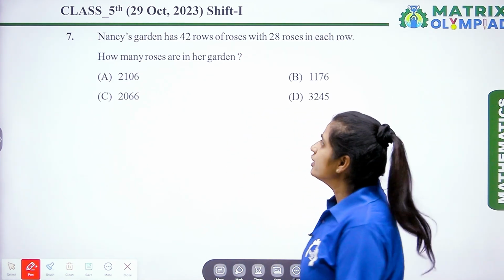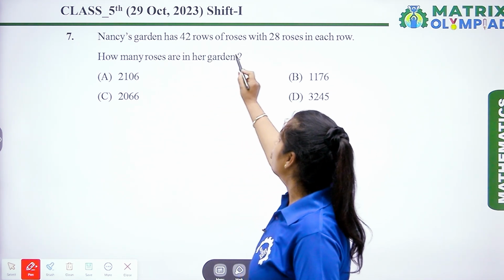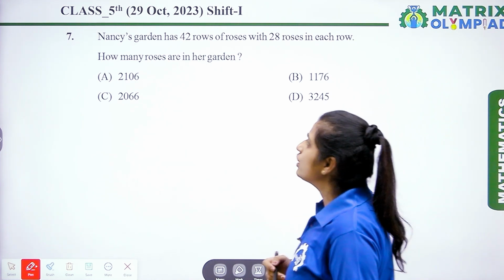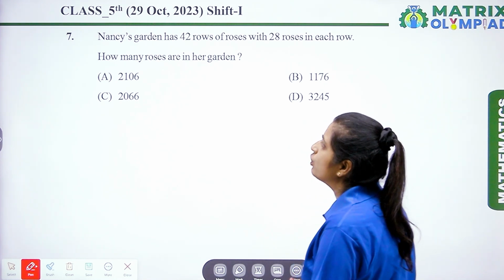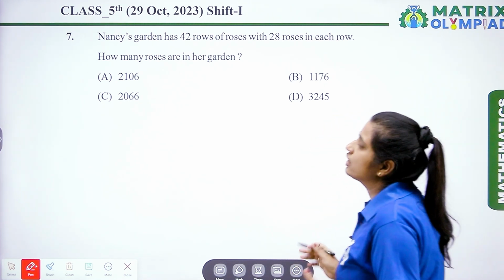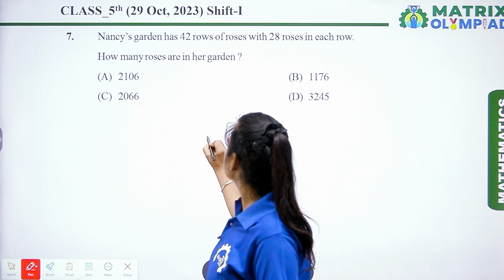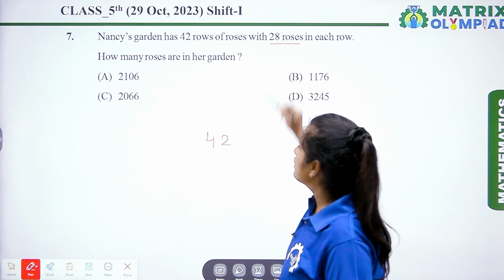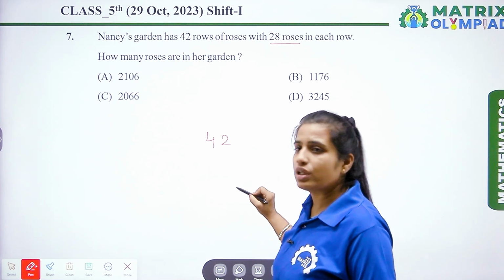Now the next question is question number 7. Nancy garden has 42 rows of roses with 28 roses in each row. How many roses are in her garden? So here we have to find out how many roses are there in her garden. So here Nancy has 42 rows. 28 roses in each row and 42 are the total number of rows.